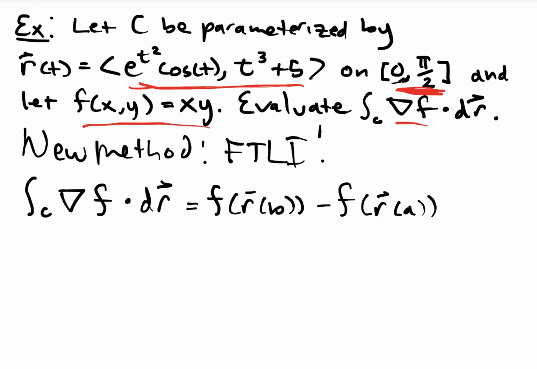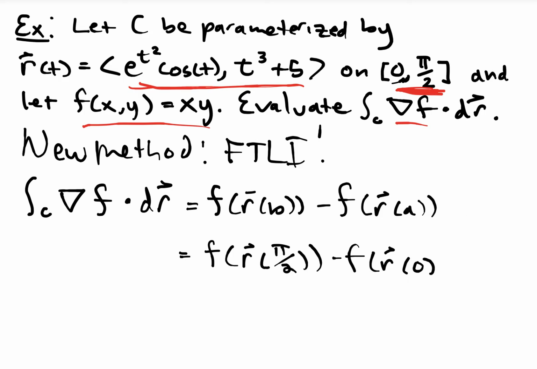So I'm going to go ahead and break this down. If I want to figure out what my a and b are, my b is my end time here, so that's pi over 2. My a is my start time here, so that's 0. Now, at this point, I'm worried about what happens if I plug in r of pi over 2, and then what happens when I subtract off r of 0.